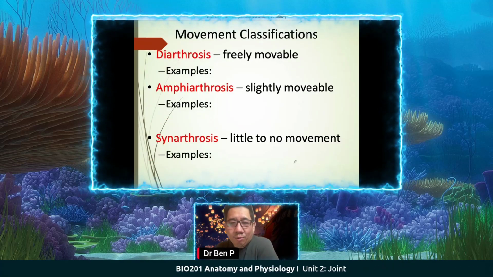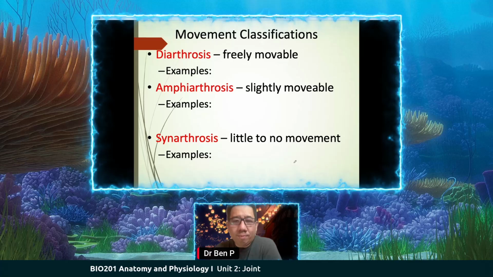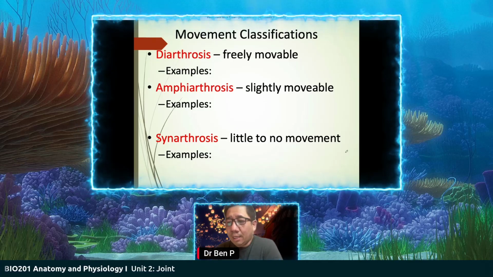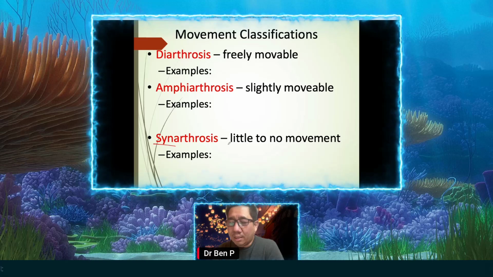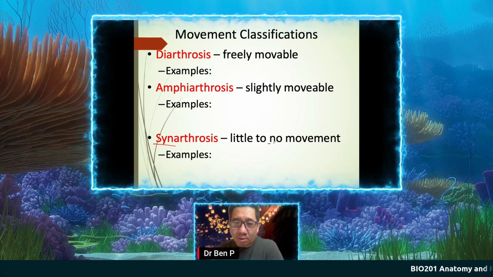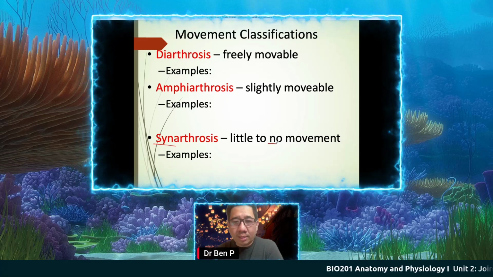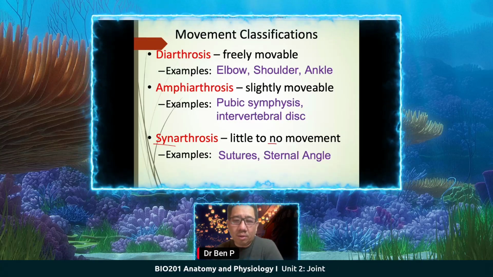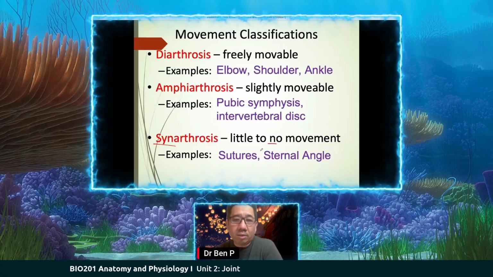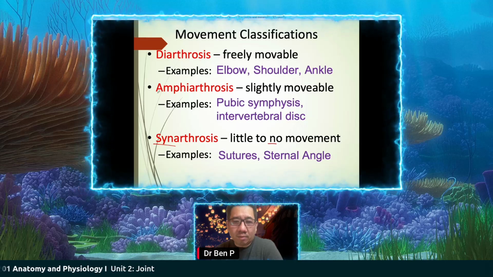So the SAD movement, based on classification by movement. Synarthrosis, think syn, meaning that you have little or no movement whatsoever. You should know the examples as well: no movement, like your sutures and your sternal angle.